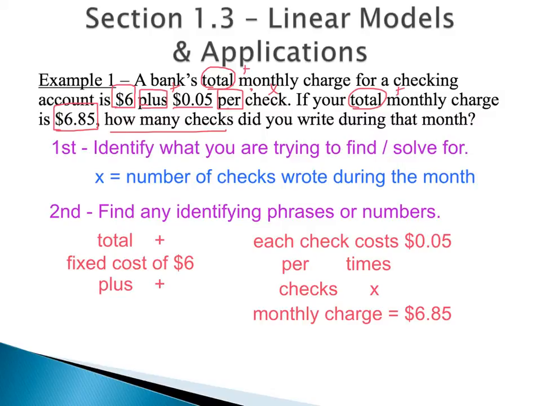We have this constant fixed cost of $6, and then we have this variable cost of 5 cents per check. So we're going to be multiplying the 5 cents by the number of checks that we have. We don't know how many checks we have. That's what our X is. And then finally, we have this total monthly charge of $6.85, which means that's what we're going to be setting it equal to.